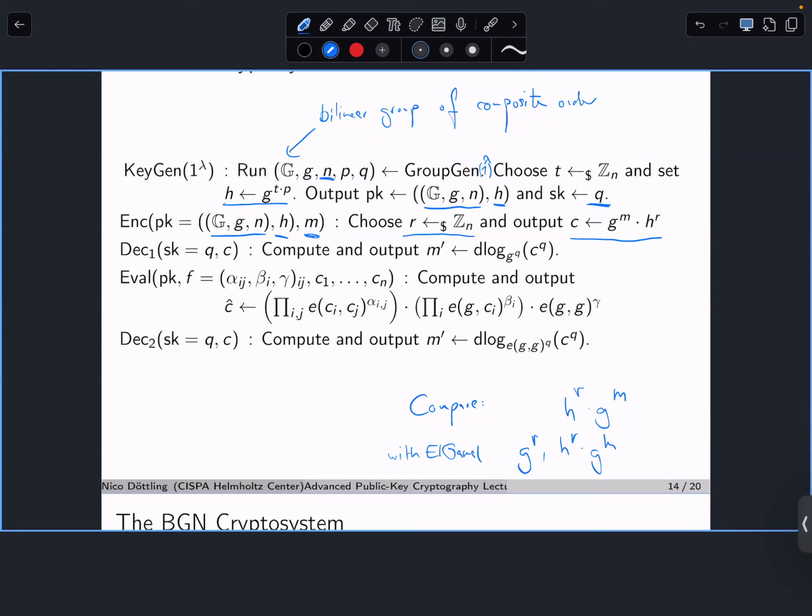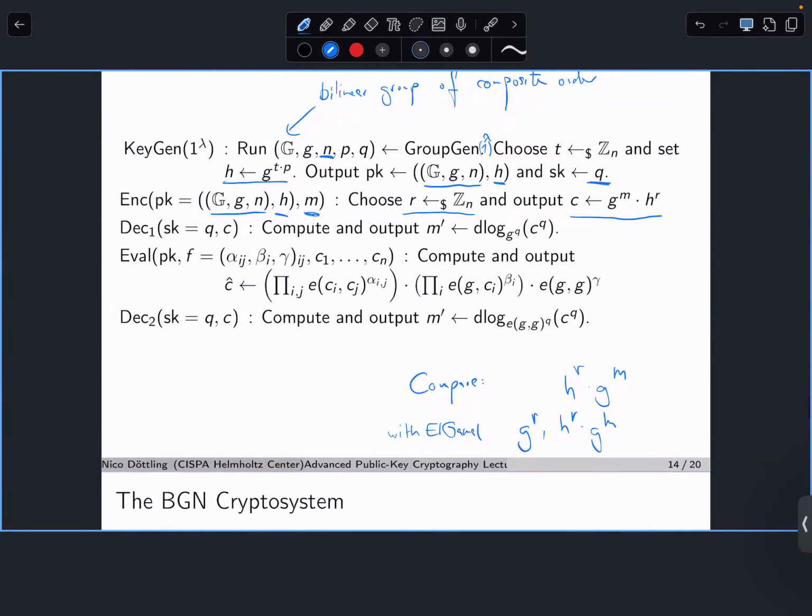Okay, and that's encryption. And what does decryption do? So we said the secret key just consists of Q, and to decrypt our message M prime, we compute C to the Q, right?